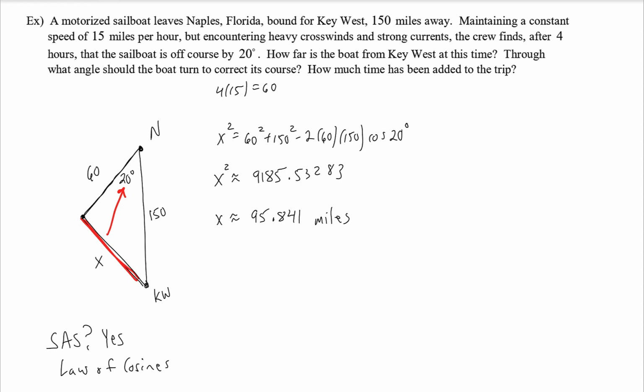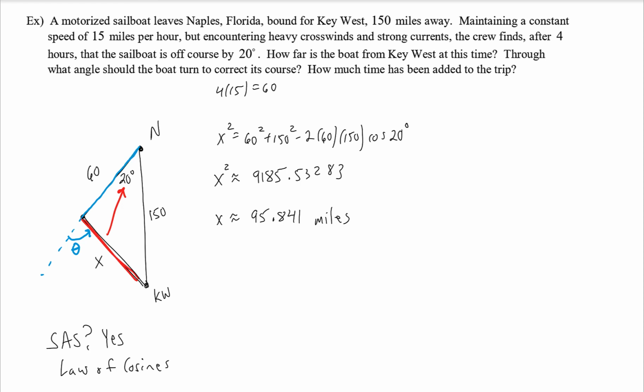Ooh. Okay. So the boat was headed this way, and then the boat's going to have to turn to go on the new path to head to Key West. So I need to know this angle. Interesting. So now I need an exterior angle to this triangle. Again, you got to kind of think about the boat here, right?